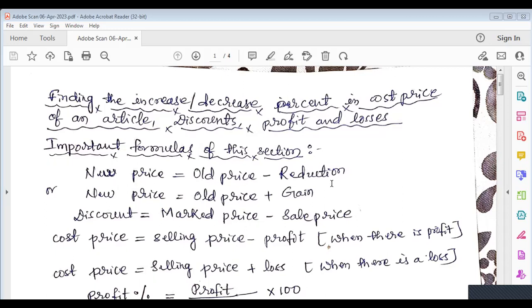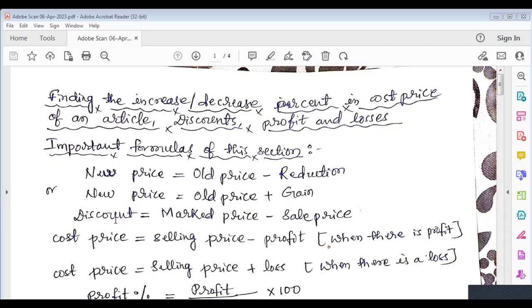That means if a shopkeeper reduces the price, there will be reduction in the original price or the old price. And new price is also equal to old price plus gain. Sometimes a shopkeeper may increase the price of an article, then it is plus.